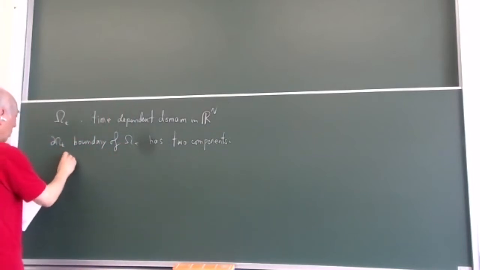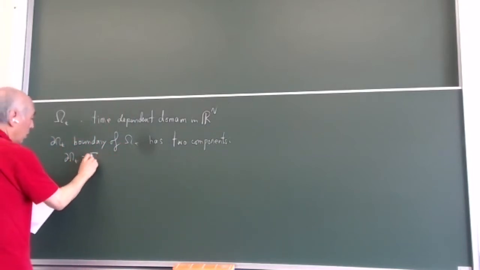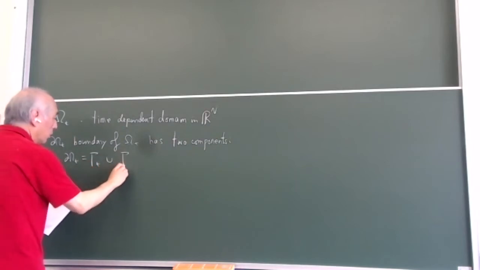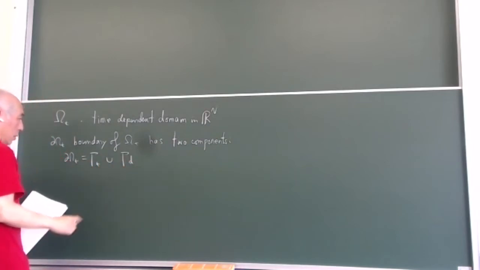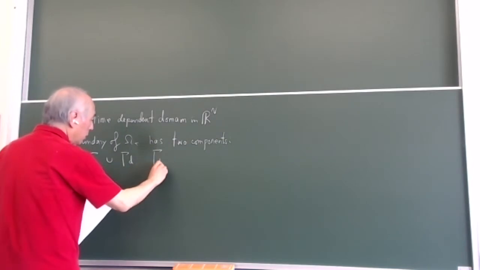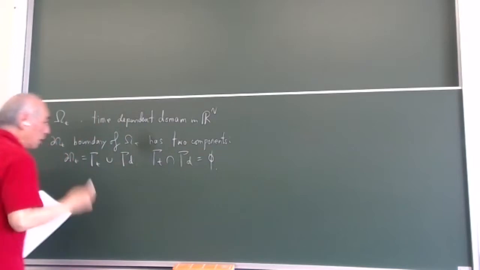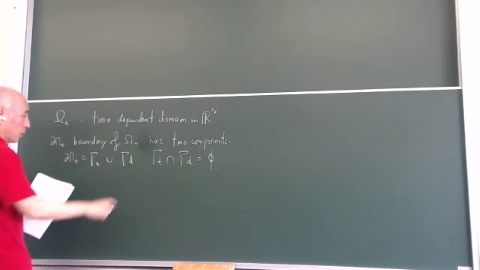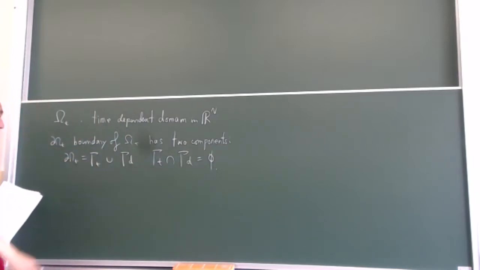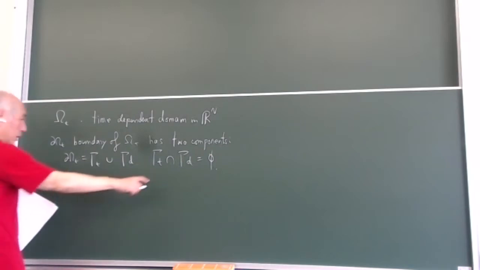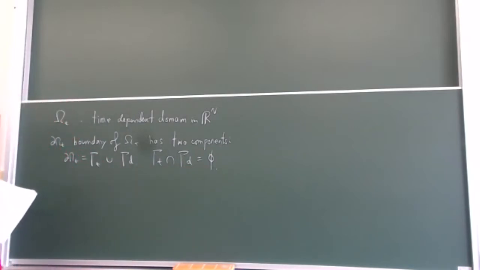Gamma_t and Gamma_D. And component means that Gamma_t and Gamma_D don't meet, they have no intersection.